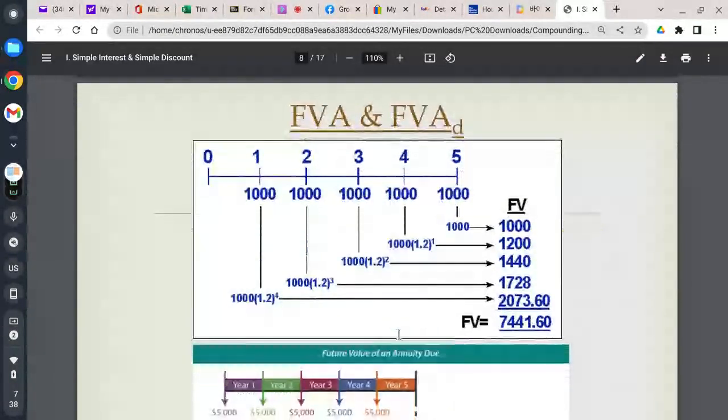This is a very simplified version because in this example you're making a deposit, and deposit and payment are the same thing.